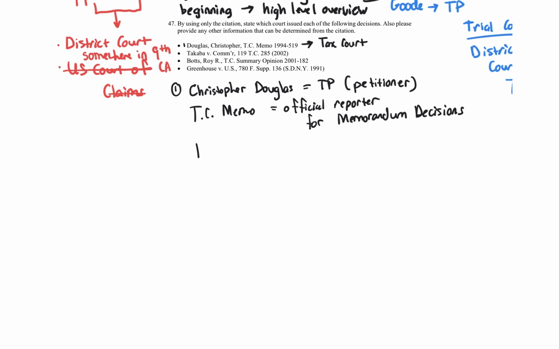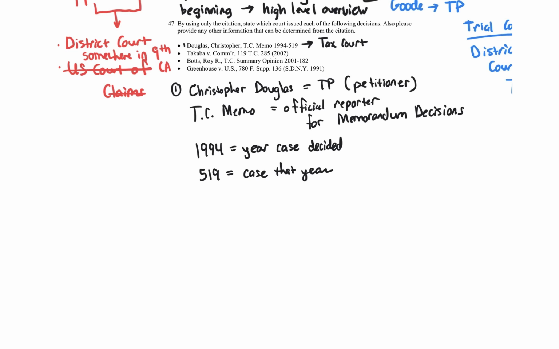The 1994 is the year the case was decided. And the 519 is the case number that year. And that's really everything you can conclude from that specific thing. It's not the page number of any volume. It's the case number that year.